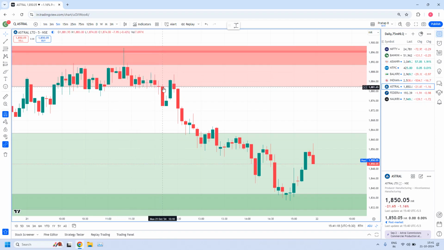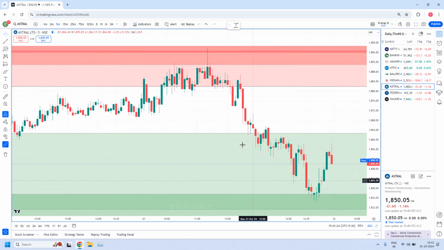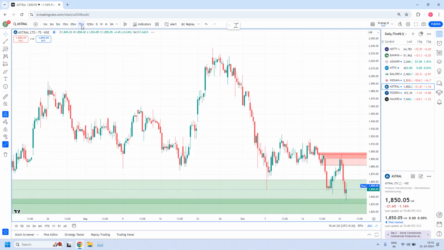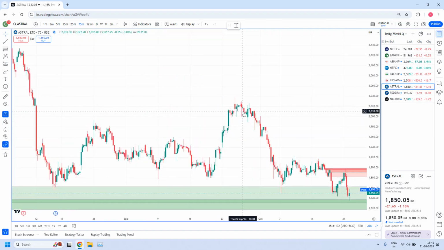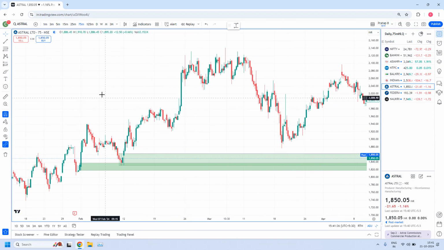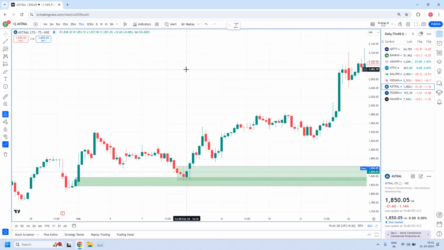And after that you see how sharply the prices moved up to its next 15 minute zone, which is inside the next 75 minute zone. This is the 75 minutes demand zone. Let me show you. This is the 75.